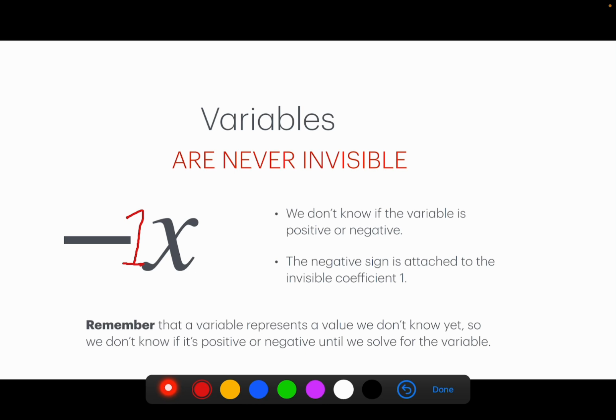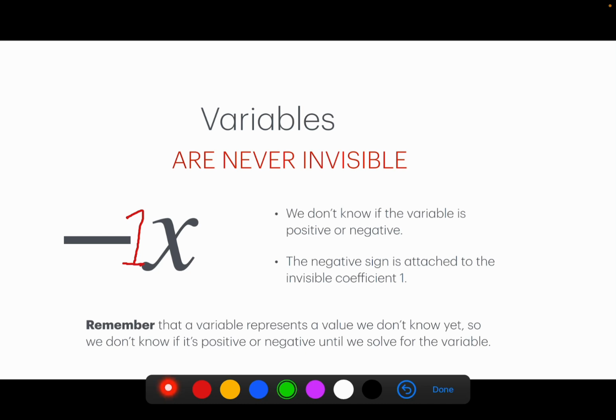Remember, when a coefficient is 1, it's invisible. So when we see a negative x, what we really mean is it's a negative 1x. This can be very confusing for people if you forget this. So practice seeing negative x really means negative 1x.